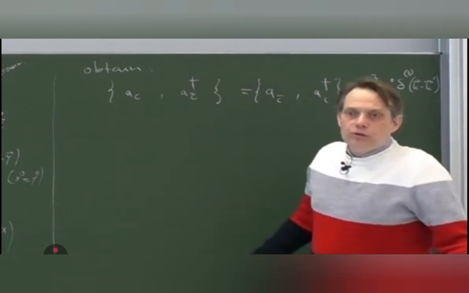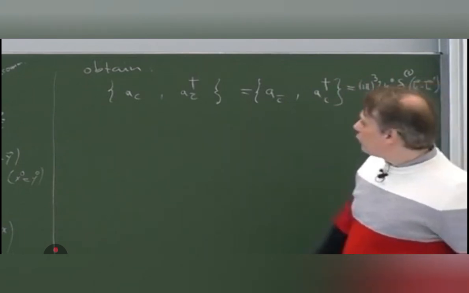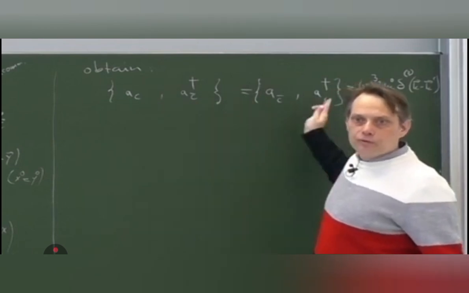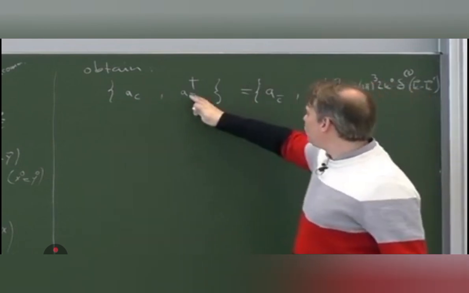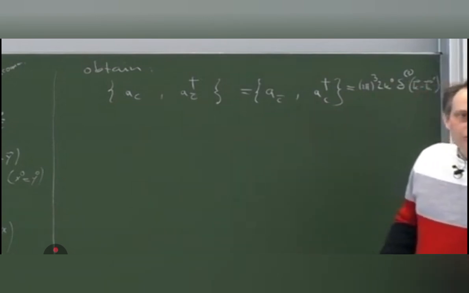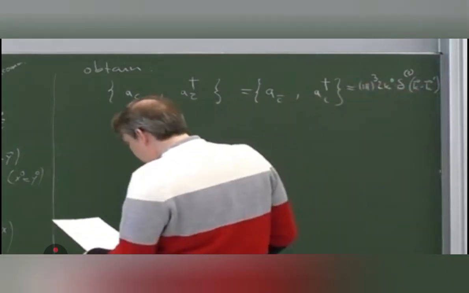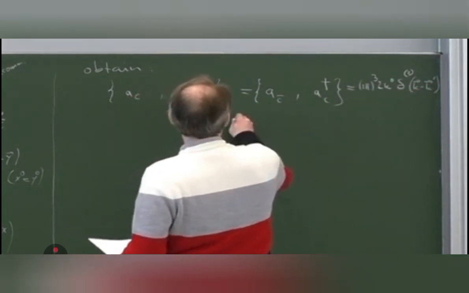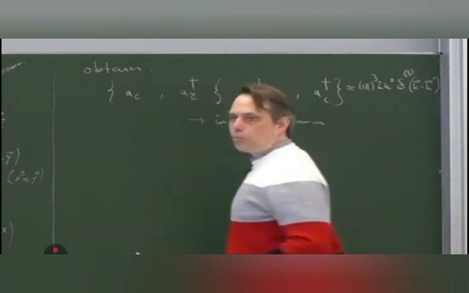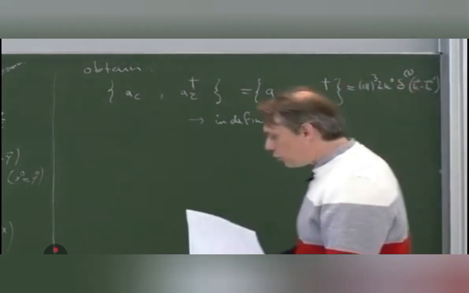Or in the case of a complex scalar field you would have two creation operators a and b, let's say, and then you would get here a with a dagger gives something and b with b dagger also gives something. But here we get a c with a c bar dagger gives something, and vice versa. And that is again something that signals indefinite metric, or not positive definite metric. So this will give rise to indefinite norm in the space of quantum states resulting from those creation operators.